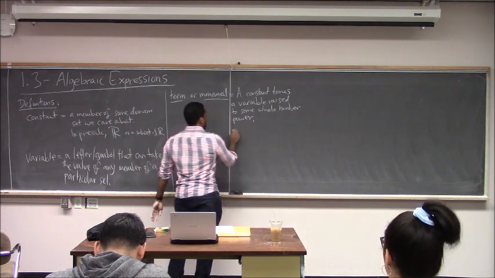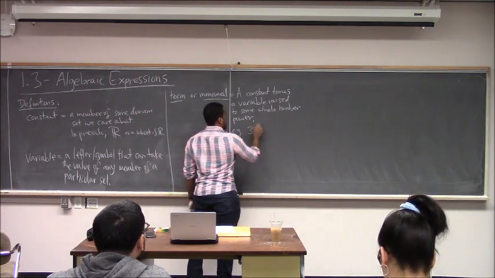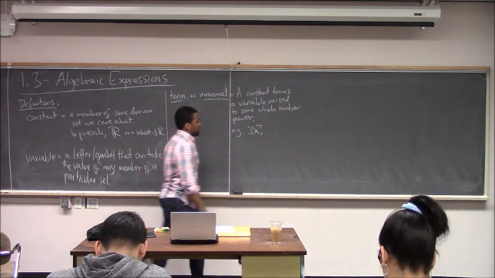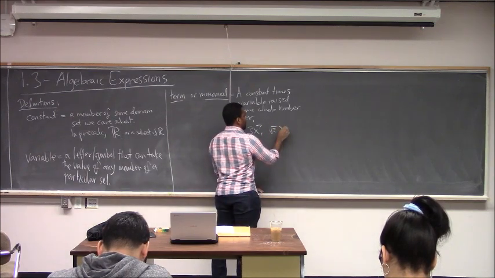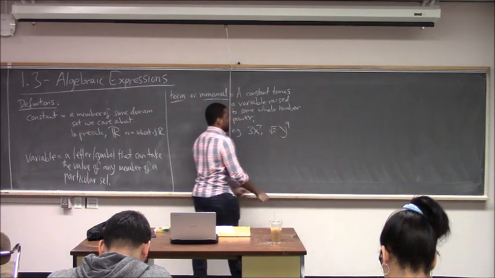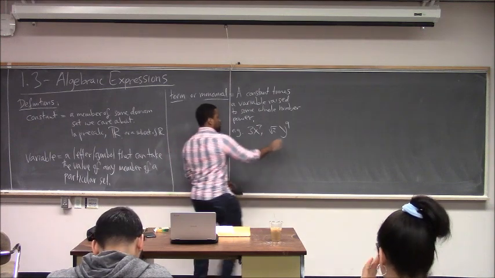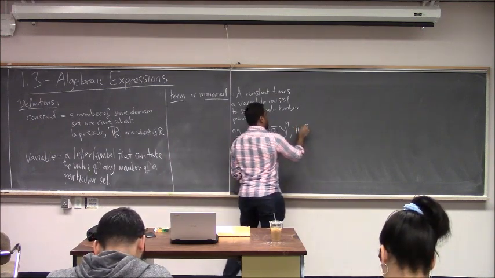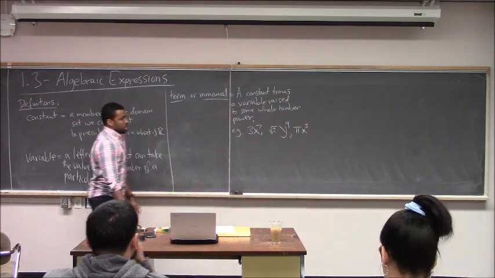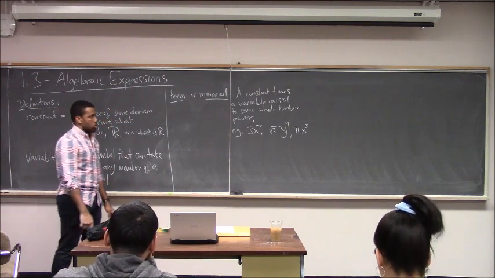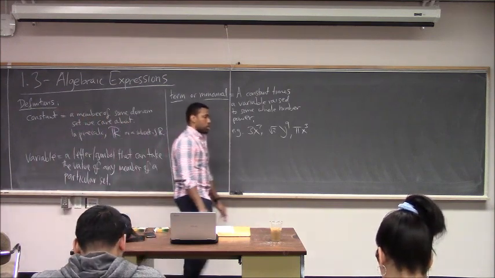Okay? So for example, 3x to the 7th is a term. Radical 2y to the 9 is a term. Pi x cubed is a term. It's just going to be a constant times a variable raised to some whole number power. We call this a term.